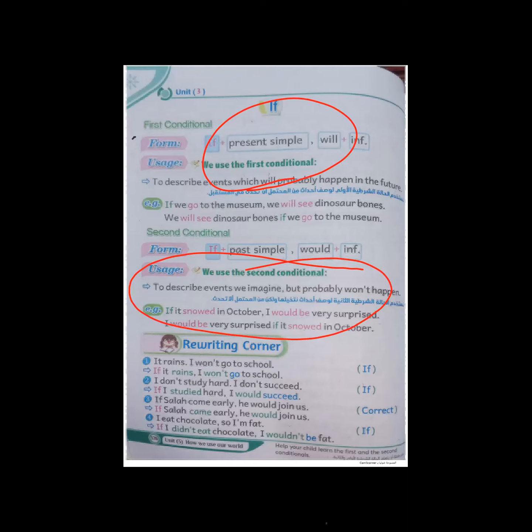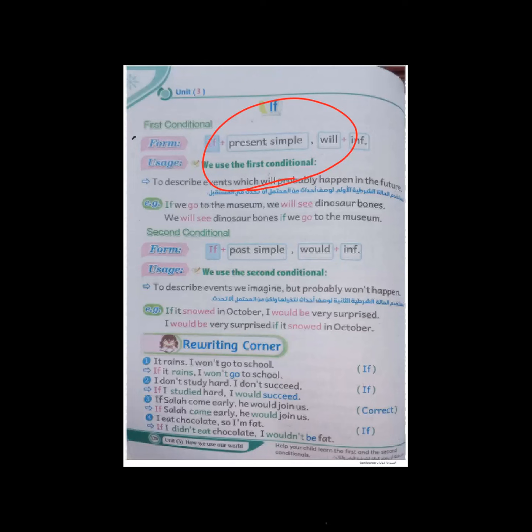Okay? If it snowed in October, did it snow last October? Or does it snow in October, every October? Does it snow in summer? No. So if it snowed in October, I would be very surprised.